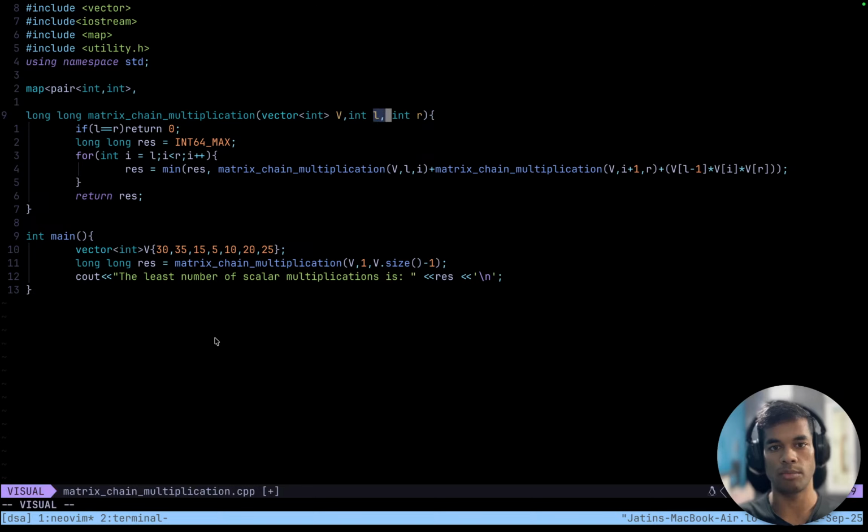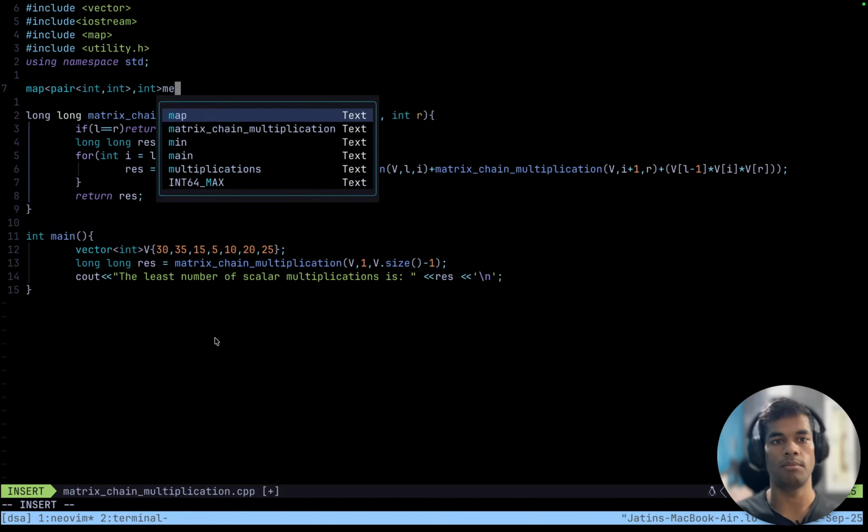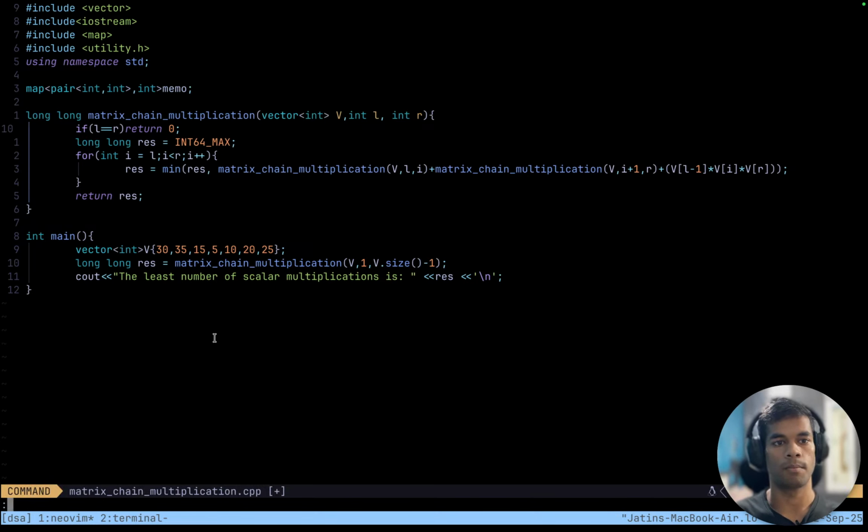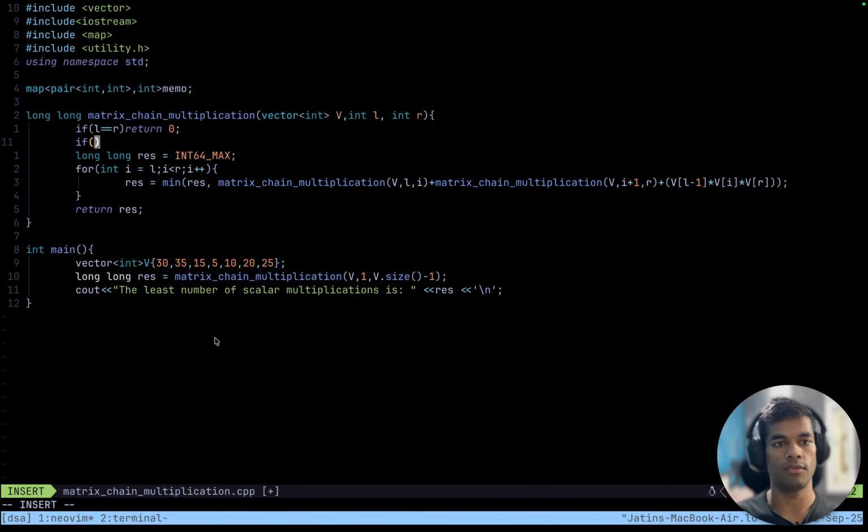A solution to a particular thing only depends on the left and the right limit, and it will point to its answer. We will call it memo. So if memo.count for L comma R, we already have the answer for LR, then return memo L comma R.